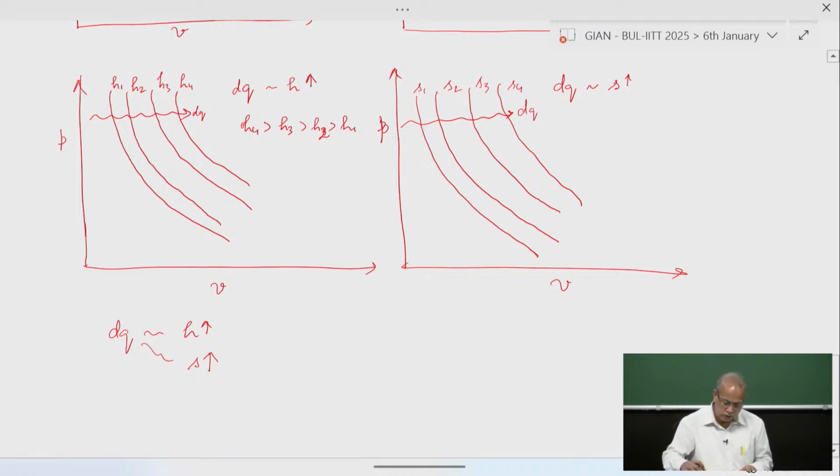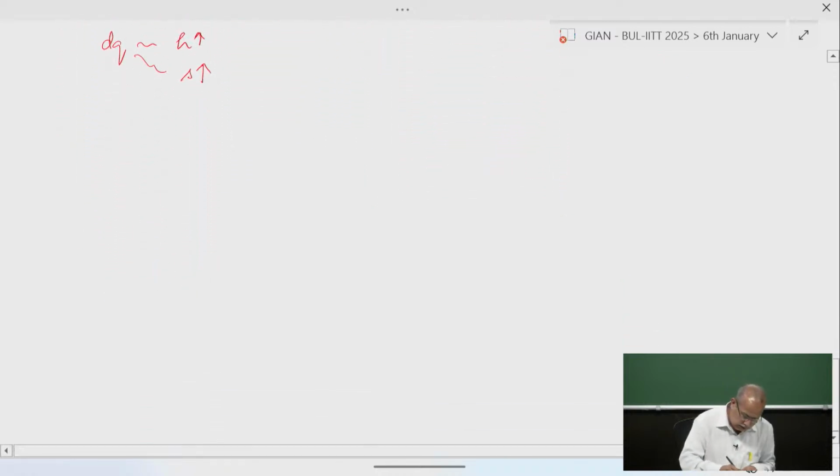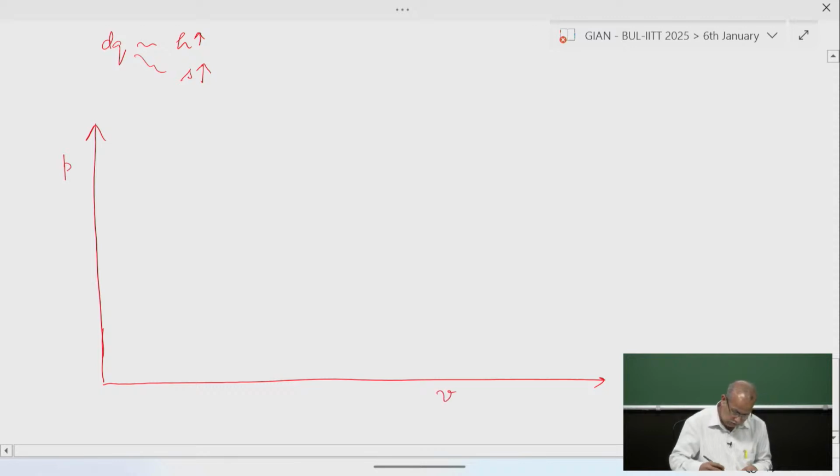So if we try to do that, P, V. Now this is the R line.